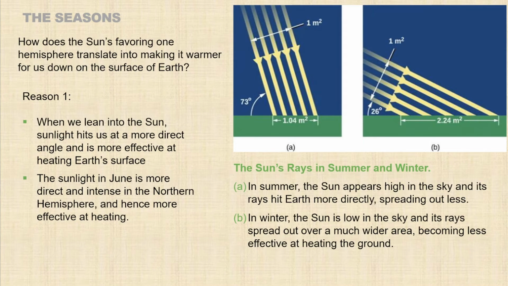And so let's assume that we are getting light in 1 meter square area only, and it's directly from the top. The intensity is high. And the same 1 meter square beam of the sun in the winter, because it's leaning away, that beam is now spread over twice the surface area of the Earth.